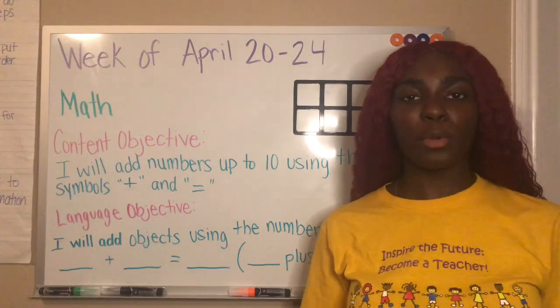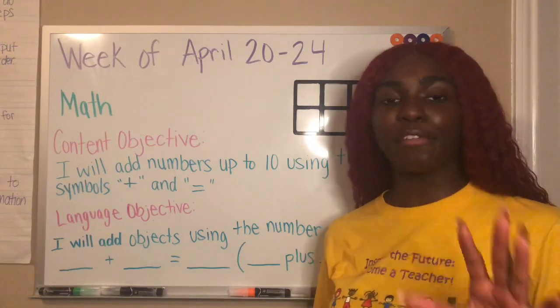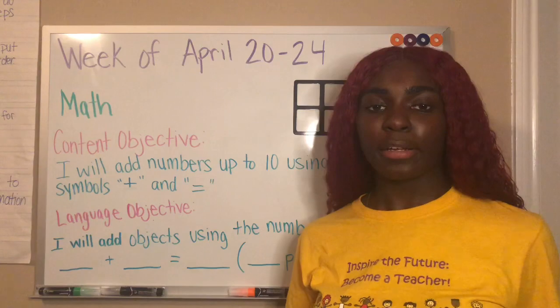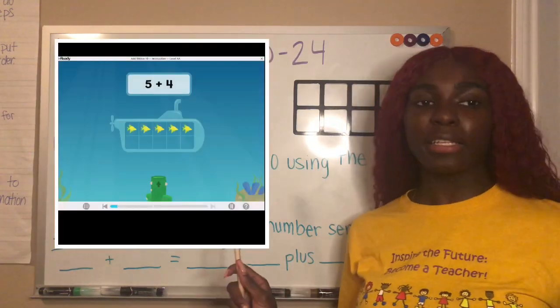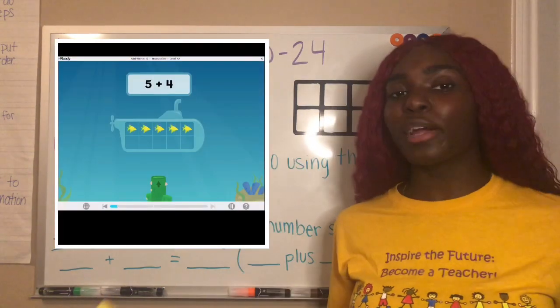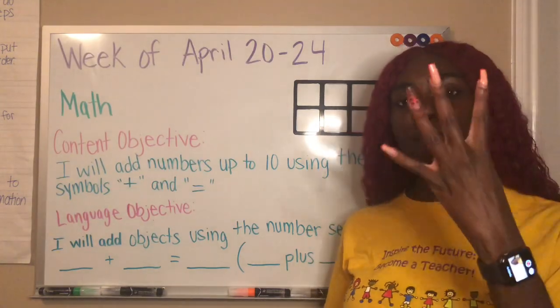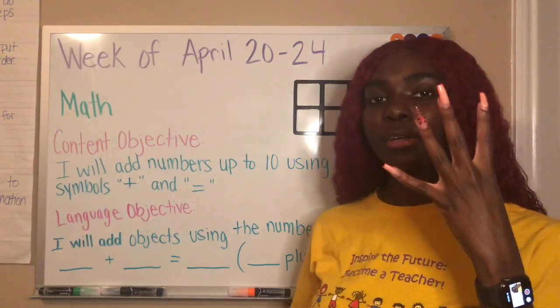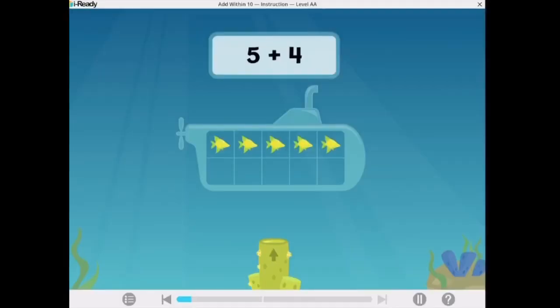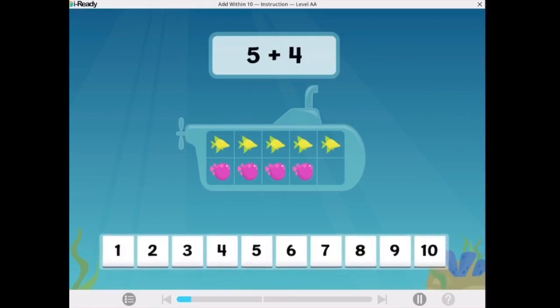Our next problem we're going to look at is 5 plus 4. In the submarine 10 frame again, there are 5 fish. And if they add 4 more, we're going to see how many we have. So add 4 with me. 1, 2, 3, 4. So we've added 4 more fish into the submarine.